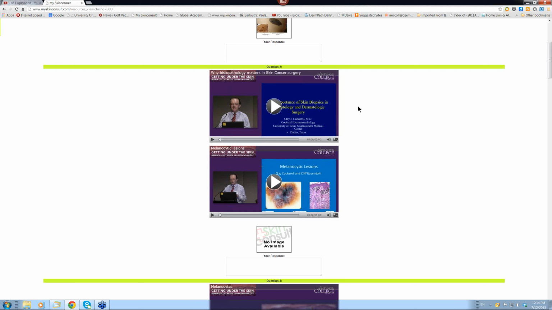And Clay went over the various techniques, their advantages and disadvantages, and when to use which. He also looked at special stains, he looked at immunofluorescence, and he looked a little bit at inflammatory skin disease as well. So an important point to come out of all of this was pigmented lesions.